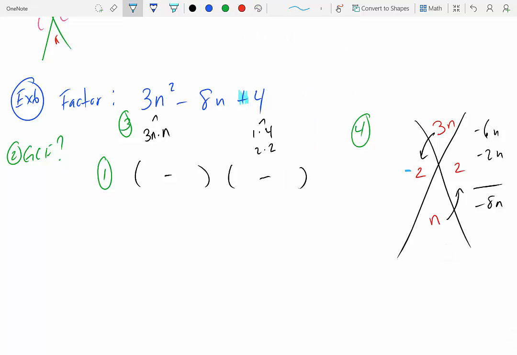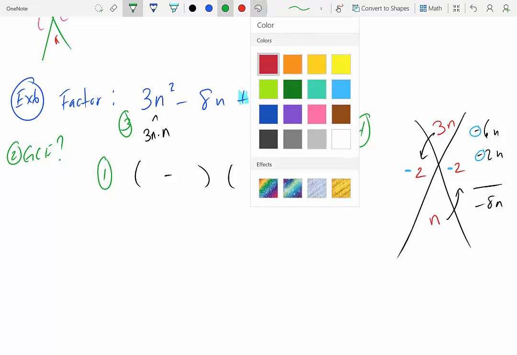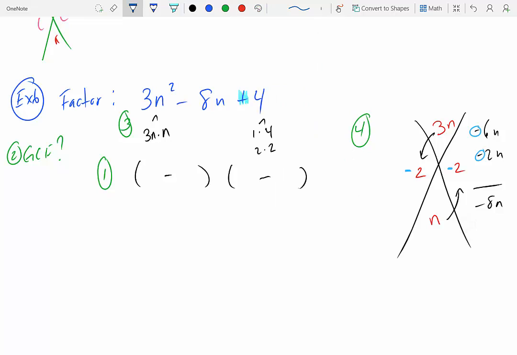And then how did we get negative 2n? Well, we multiplied n times 2, so this 2 must be negative. And whichever way we didn't go are our factors. So we have n minus 2 and 3n minus 2.